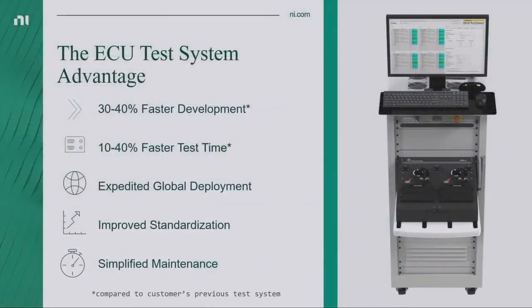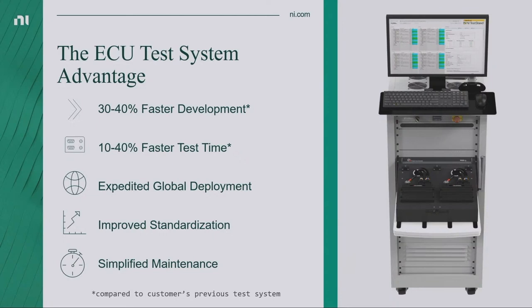We leverage our ecosystem and cross-industrial expertise and continue investing in systems like the automotive ECU test system. It is based on the NI platform and provides a high starting point to develop production test systems for powertrain, body and chassis, and EV.